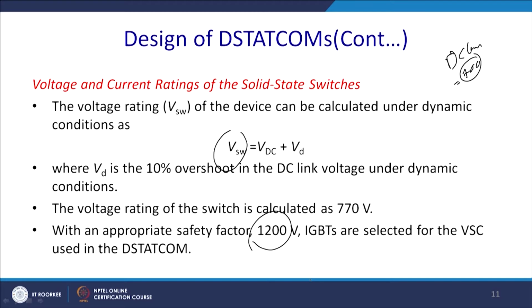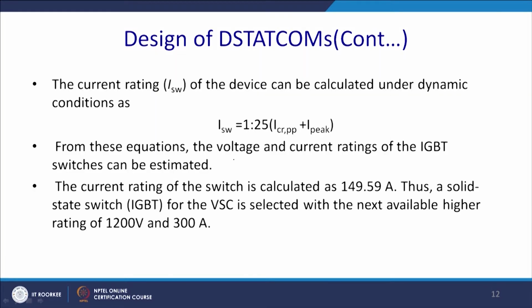What else, and how will we come down to the inductor rating? The current rating also can be calculated. It has a few components. The device rating can be calculated under dynamic conditions, and that is basically ISW equal to, you have a ratio 1.25, the CRPP and the peak ratio, and from these equations the voltage and current rating of this IGBT can be estimated.